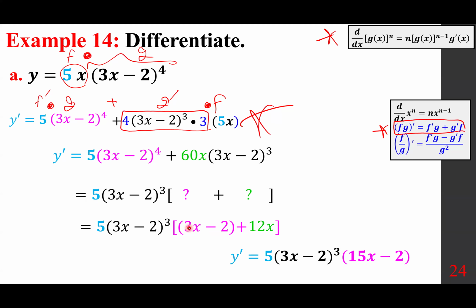So the final answer is y prime is 5 times (3x minus 2) cubed times (15x minus 2). So we're done.